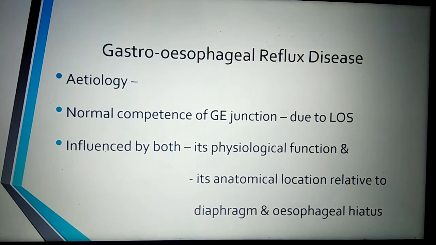Now, as far as gastroesophageal reflux disease is concerned, as you all know, the normal competency at the gastroesophageal junction is maintained by the lower esophageal sphincter, and its physiological function also has a very important role in the development of gastroesophageal reflux disease.